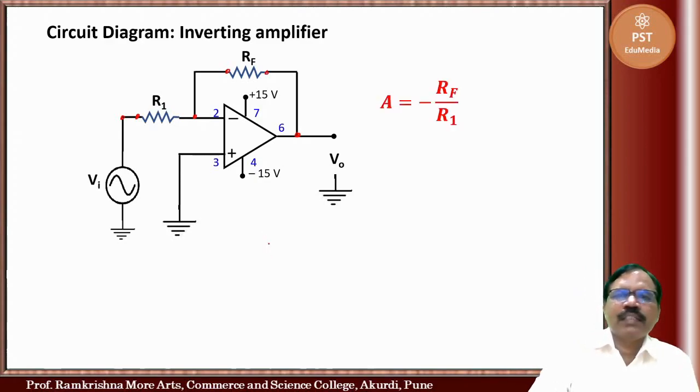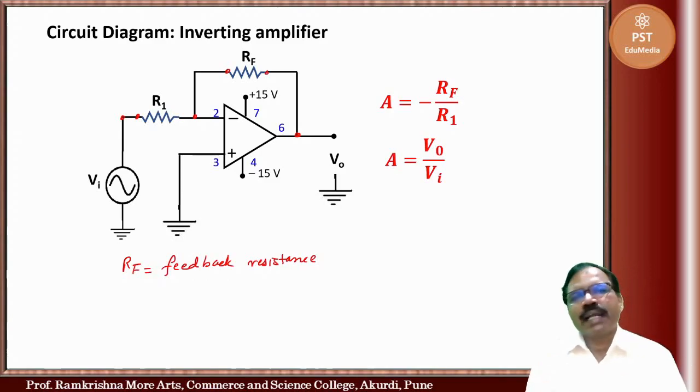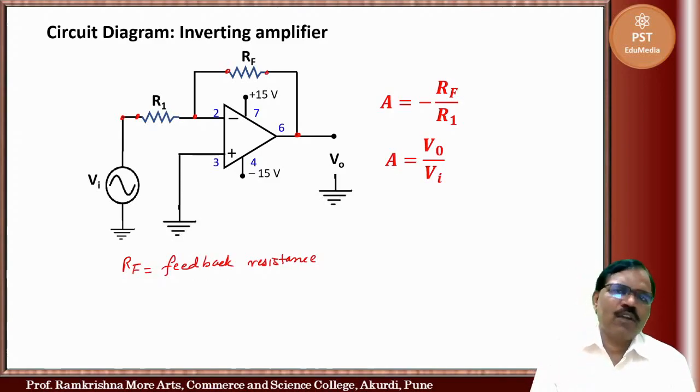Now here the gain of the operational amplifier, theoretically, is minus Rf upon R1. Rf is the feedback resistance. If we want to find the gain practically, then measure the input voltage, and measure the output voltage corresponding to that input voltage.